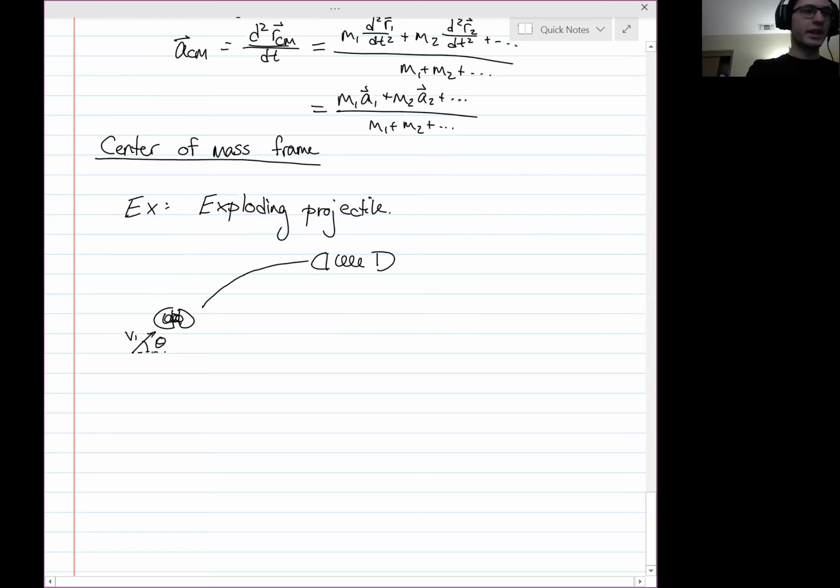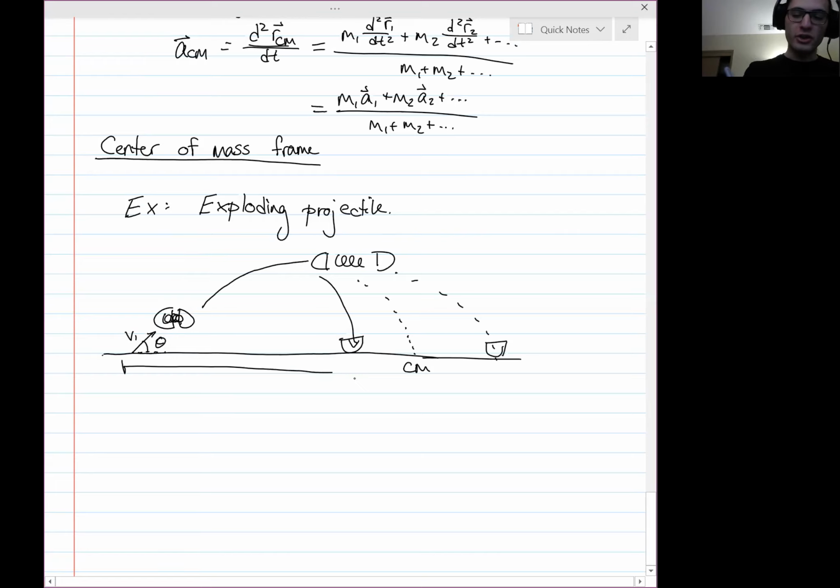And then this half goes, say, here. The center of mass does something. And then this half goes here. So maybe we measured this value, call it R1.